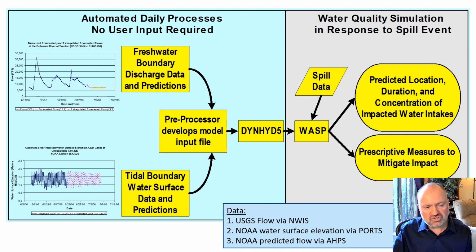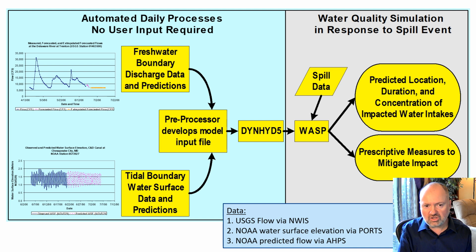We merge together the observed flow along with the predicted flow from NOAA's AHPS system. We also pull the observed and predicted tidal boundary data, the water surface elevation data from NOAA.